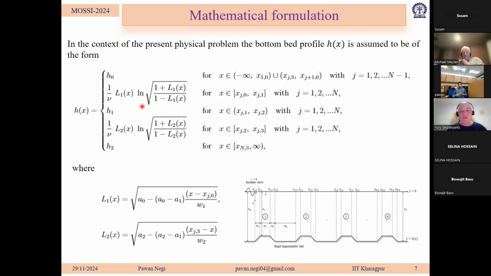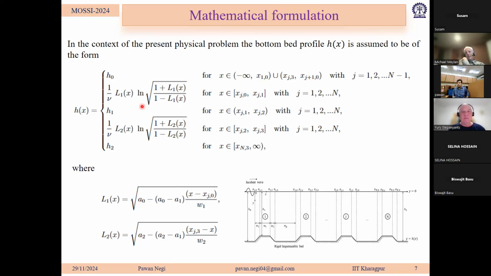There's nothing about this that has to go up. If it went down, it would be the same solution. There could also be an interesting extension of that if you consider a periodic set of such humps and obtain a solution for the periodic topography. Yes, that's right. And then look at band gaps.